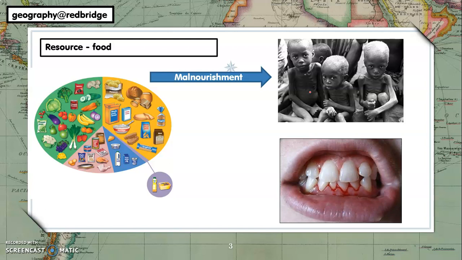The second thing that we need to look at is malnutrition. Malnutrition is ever so slightly different. You might be getting your calories in, but you may not have the balance that the Eat Well plate shows here.